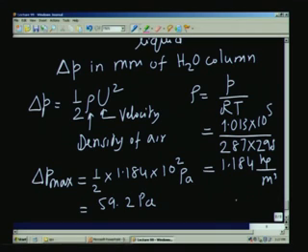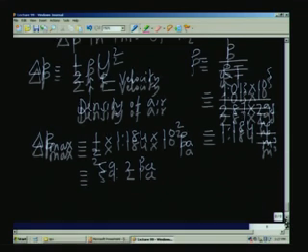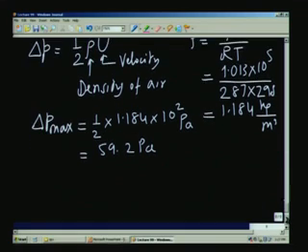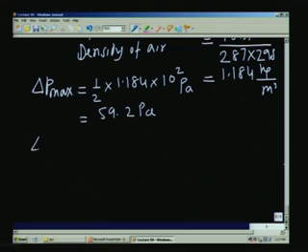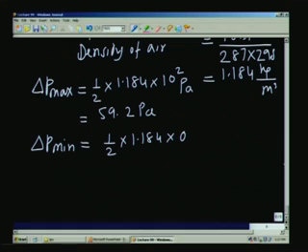I can similarly determine the minimum pressure which is going to be measured. All I have to do is change the velocity to 0.5 meter per second, into 0.5 squared pascals, and it comes to 2.37 pascals.